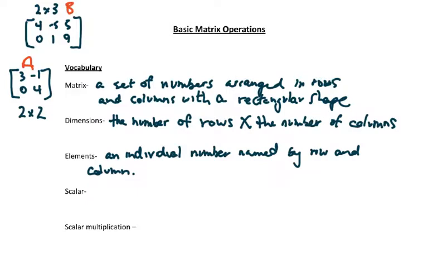And so what we do is we have A 2,1, which is the second row, first column, which means it is 0.